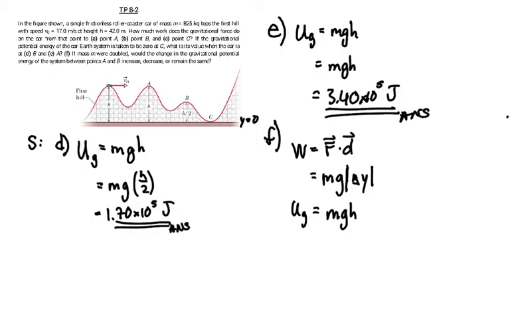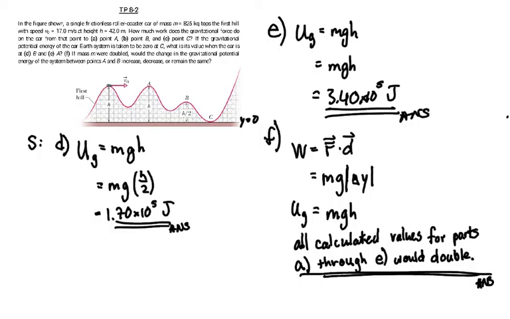So if we double the mass, what is going to happen to our values for work and gravitational potential energy? That's right, they will double as well. So that's how we can save ourselves a lot of extra effort here by recognizing that relationship and just say that all the calculated values for parts A through E will double. Alright, so that's what I wrote here.